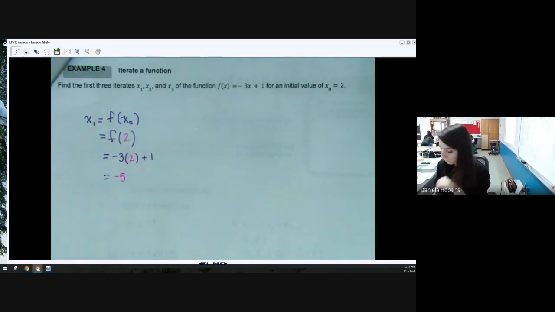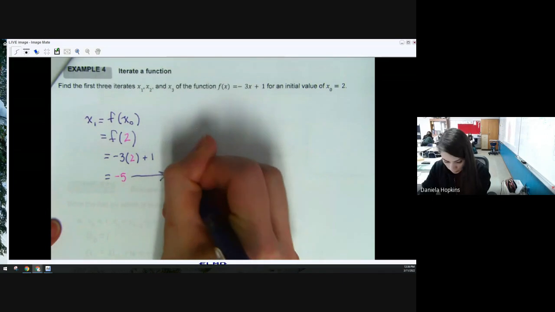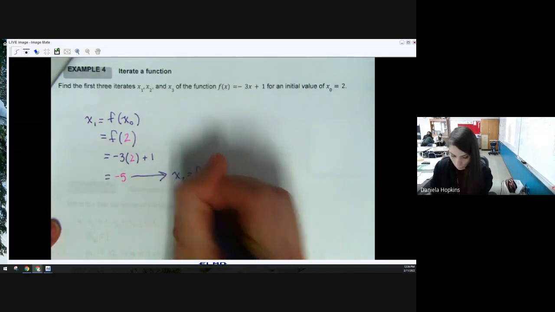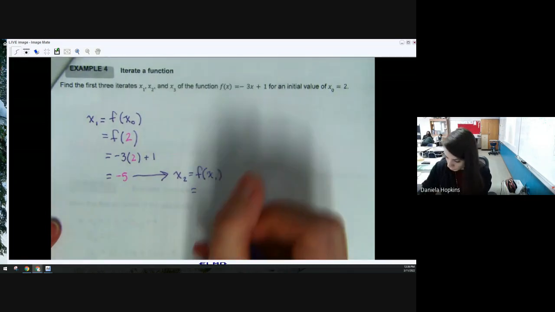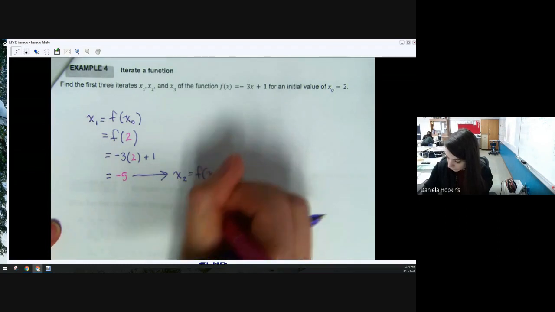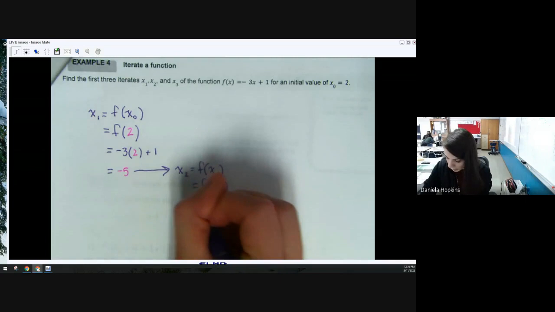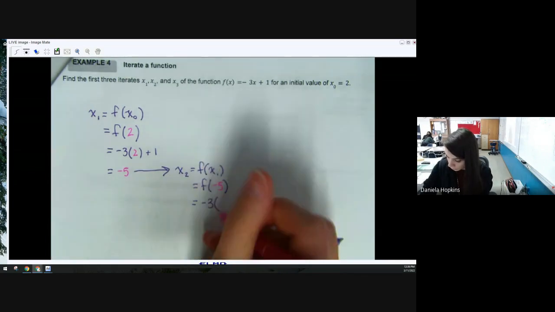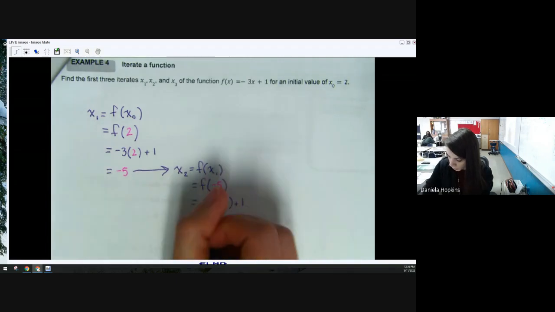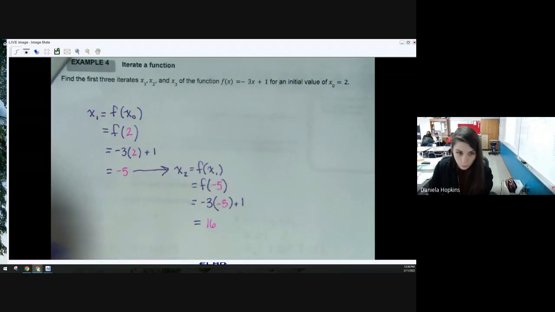That's our x1. Our x2 is then going to be f of x1. Well, we just found x1, so x2 is going to be f of negative 5, which would be negative 3 times negative 5 plus 1. That's positive 15 plus 1 is 16.